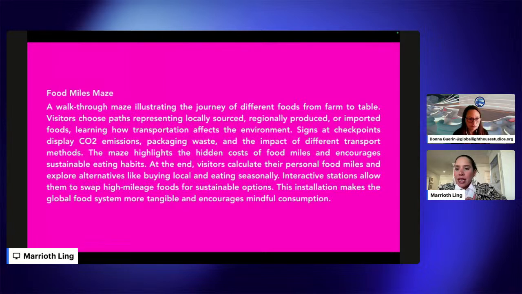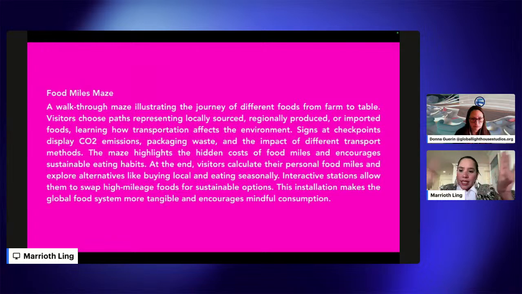So one is the food miles maze. One idea of installation is a walkthrough maze illustrating the journey of different foods from farm to table. The visitors of these installations can choose paths representing locally sourced, regionally produced, or imported foods, learning how transportation affects the environment.